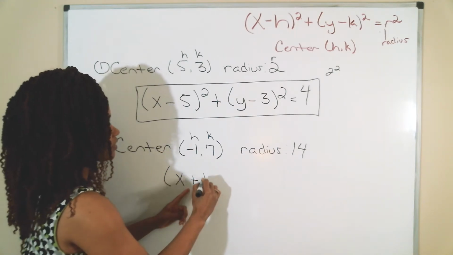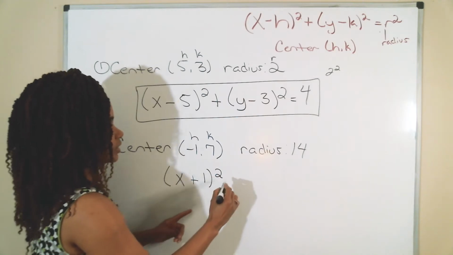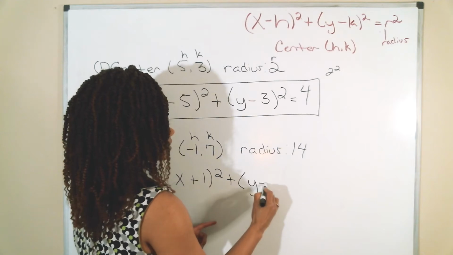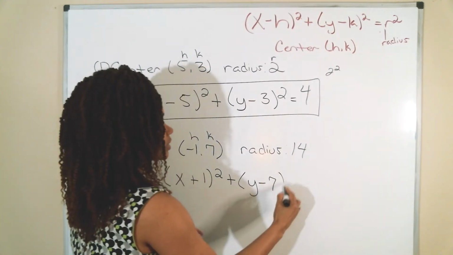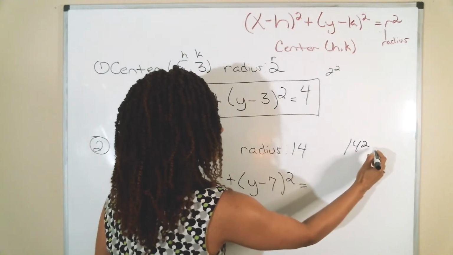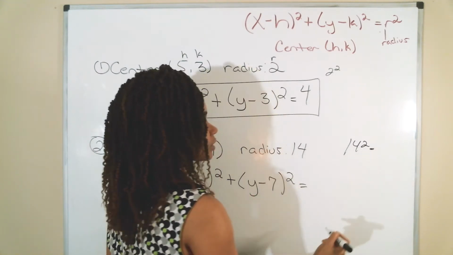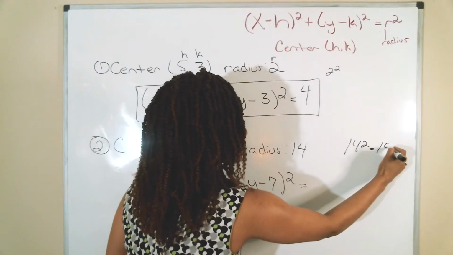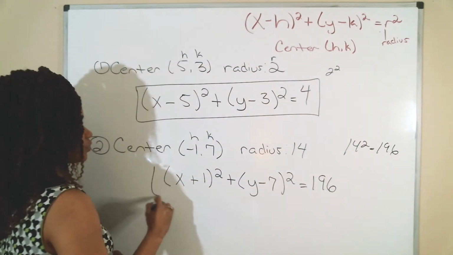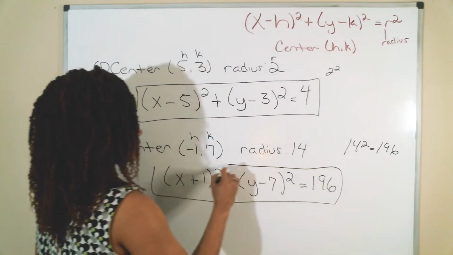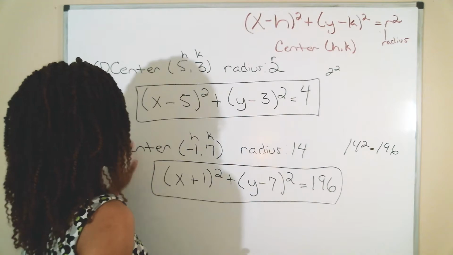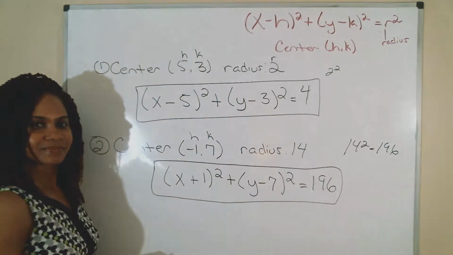So that would be positive 1 squared plus y minus 7 squared is equal to 14 squared. That is 196. So that is equal to 196. And so we've written this equation in standard form using the given information here.